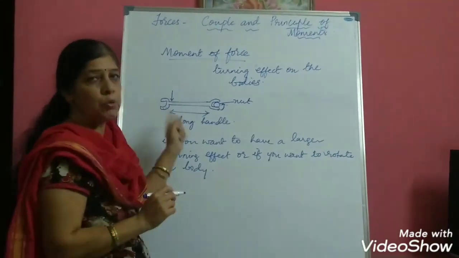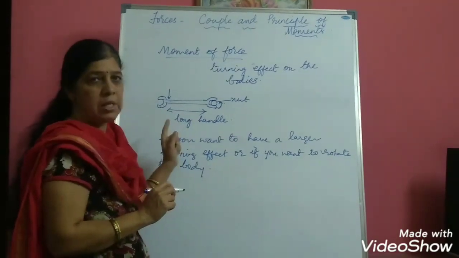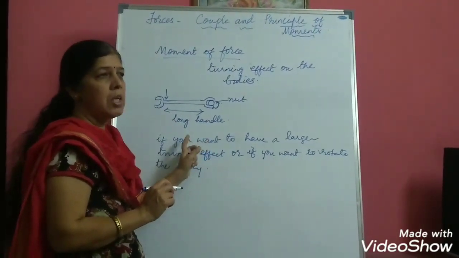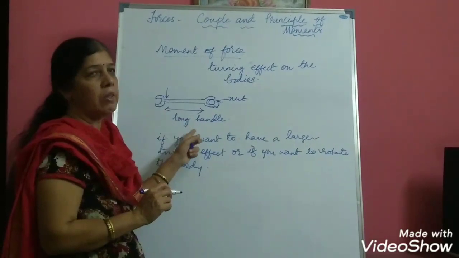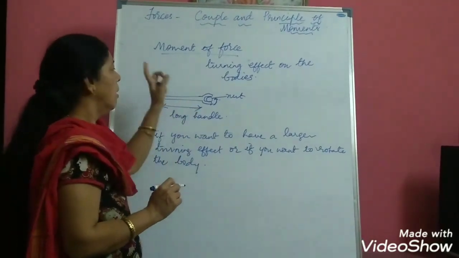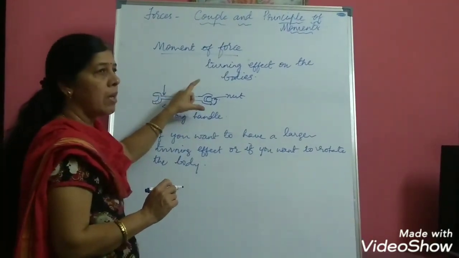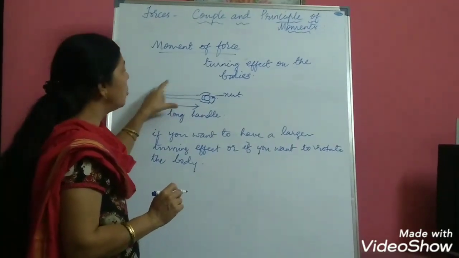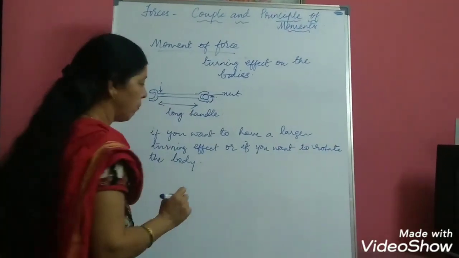You have to apply two forces, and these two forces must be equal in magnitude and they must act parallelly on the same body, and these two forces must be acting at two different points on the body.